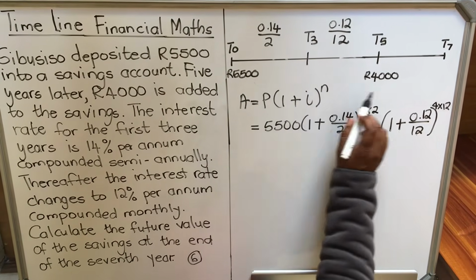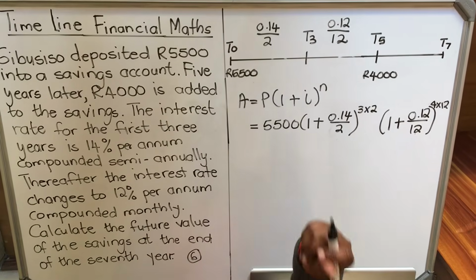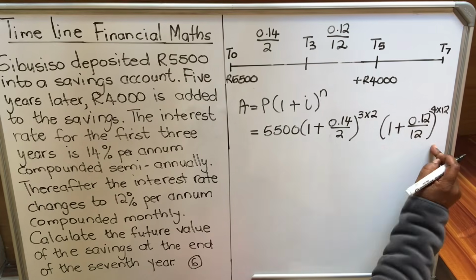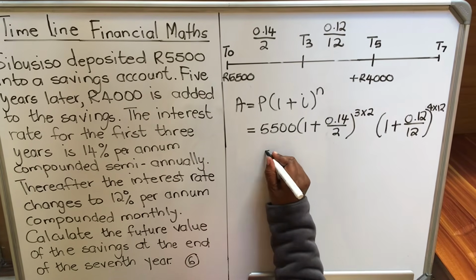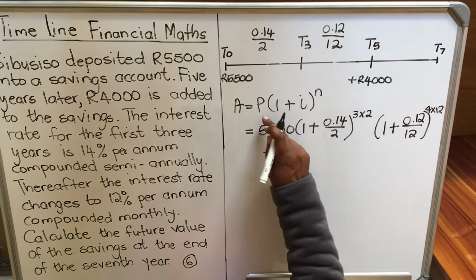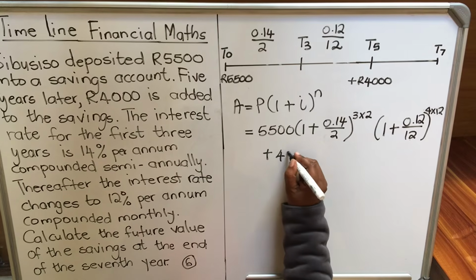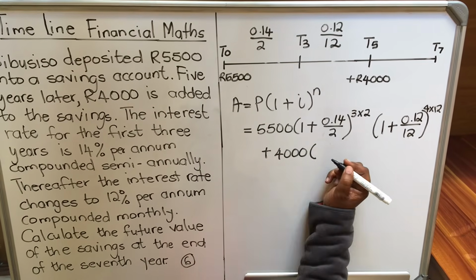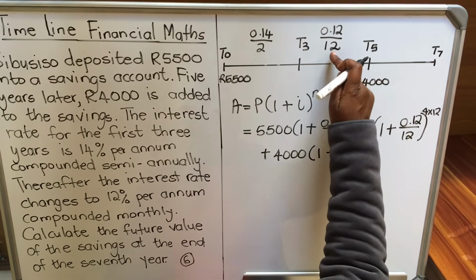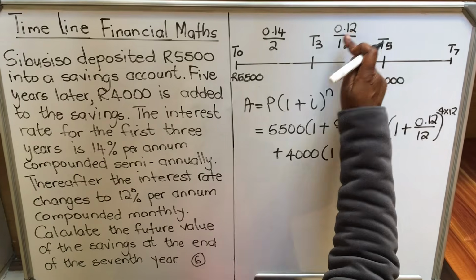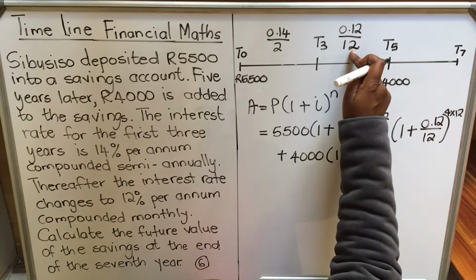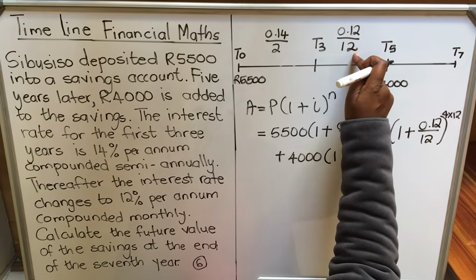But when they deposit an amount or they withdraw an amount, when they withdraw, you write a minus. When they deposit, it's a plus. So it means on this statement, because my board is finished, I'm going to write here. It's going to be plus. Plus what? Now it's a new amount. So my P is 4,000. Then open bracket, 1 plus. This 4,000 was only affected by this interest rate, not the other one, because it was deposited in year 5 when the interest rate had changed to 12% compounded monthly.